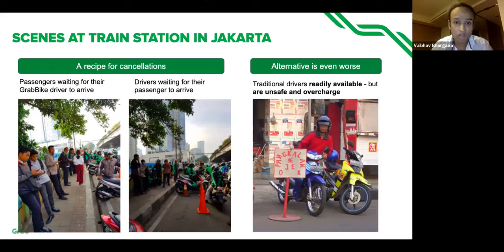The reason for that is the alternative is even worse. All these passengers have an option to go to the person on the right, and these are readily available at all stations. The problem is these are unsafe and they overcharge.